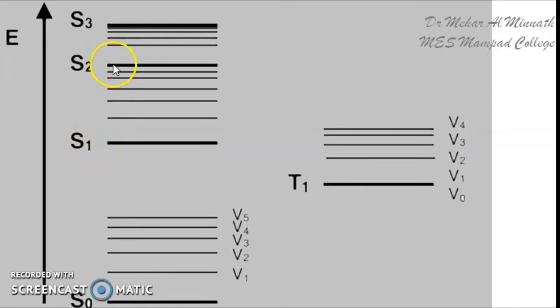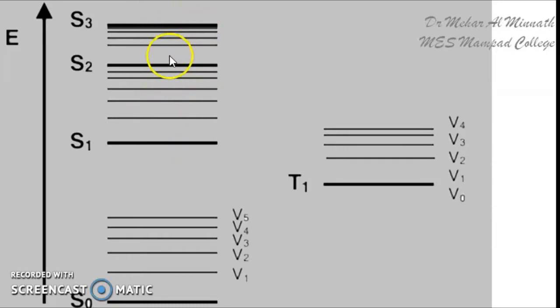And when you see the difference between the second singlet excited state and the third singlet excited state, the energy gap is still less. And eventually, as you move higher into the electronic levels, all the electronic levels tend to become continuous.